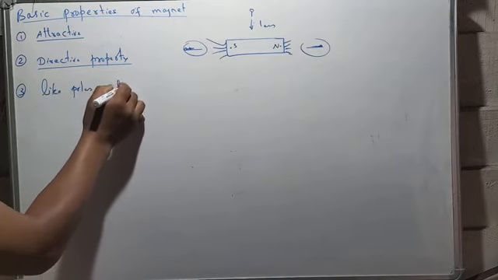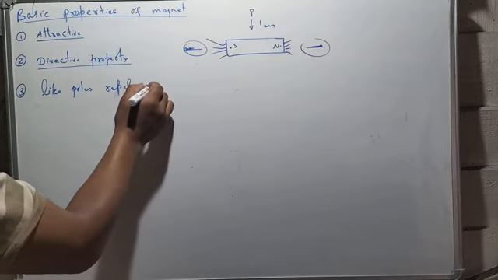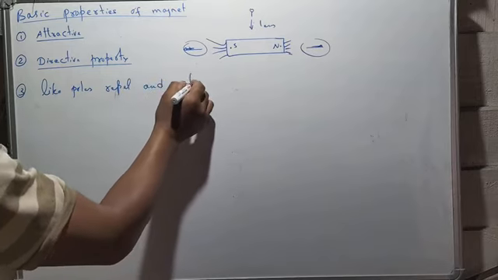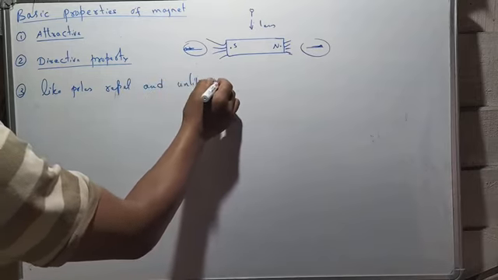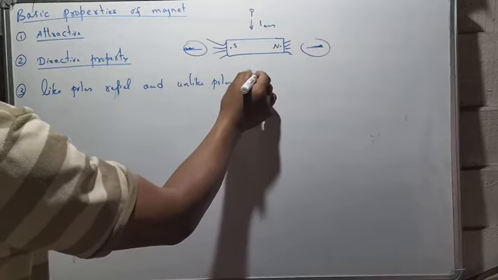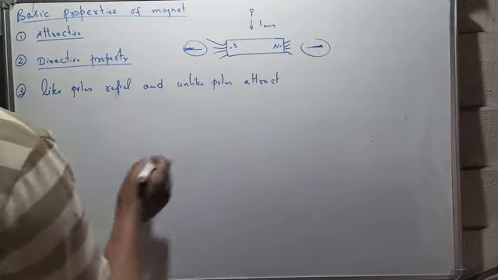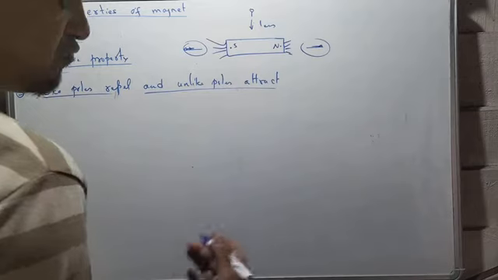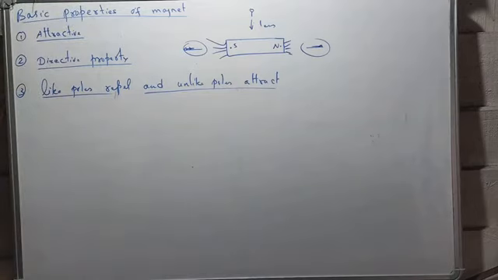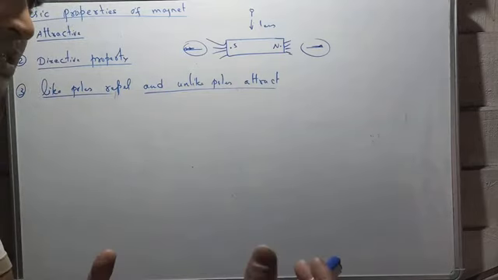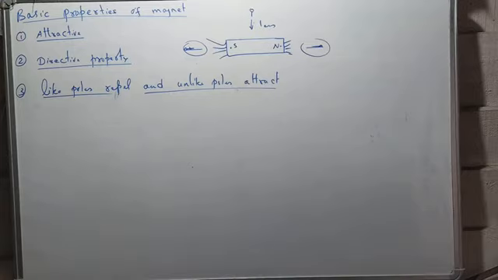The third property is: like poles repel and unlike poles attract. Just like in electrostatics, where like charges repel each other and unlike charges attract each other.